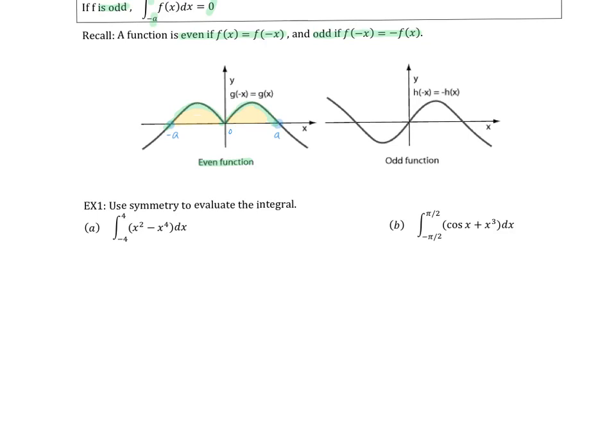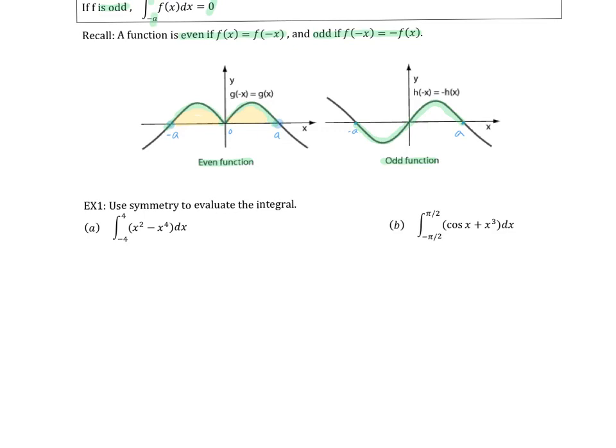If a function is odd, it's a little bit different. So let's look at the same values. This would be a negative a, and here we have an a. Notice that the function does not have symmetry about the y-axis. It's sort of opposite.